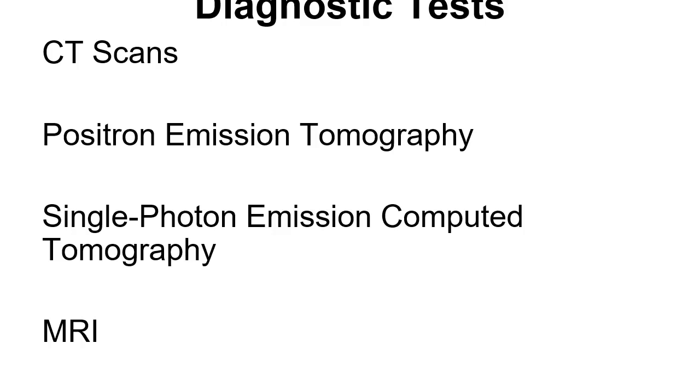It doesn't give them exposure to radioactivity. However, there might be certain implants or arthroscopic types of situations where patients would not be able to have an MRI because what they have implanted in them is magnetic.